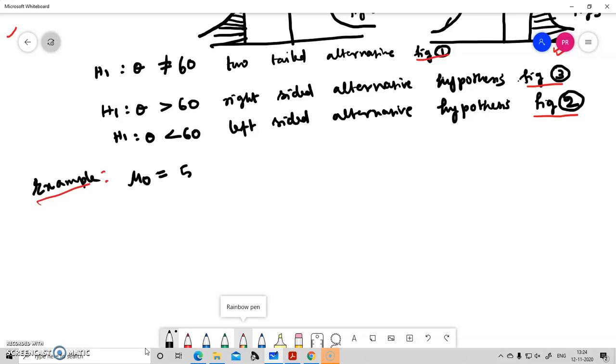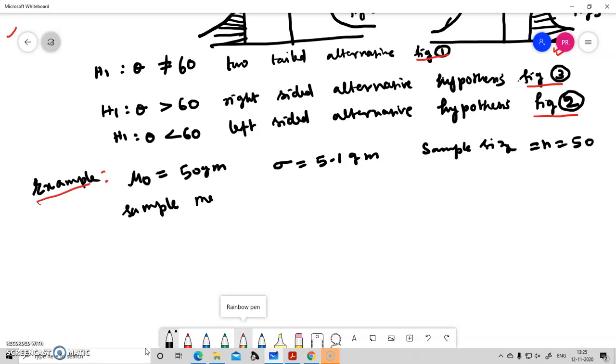Mu naught is given as 50 grams. The population standard deviation sigma equals 5.1 grams. The sample size n equals 50. The sample mean x̄ equals 52 grams. These are all given.